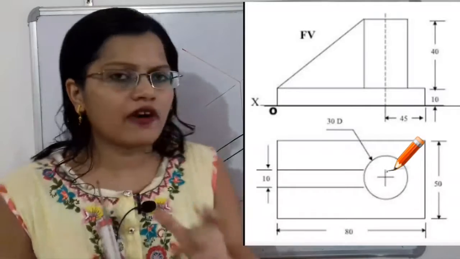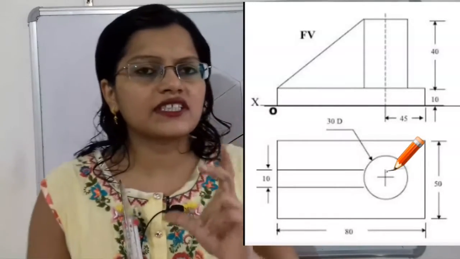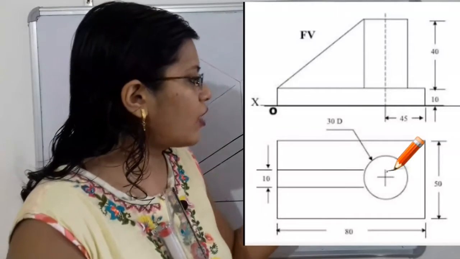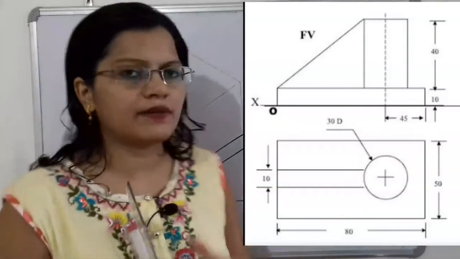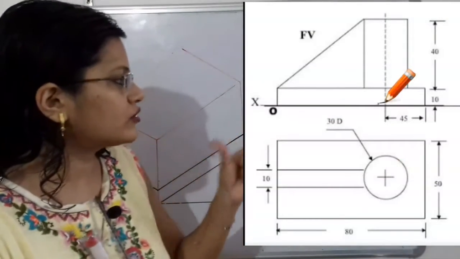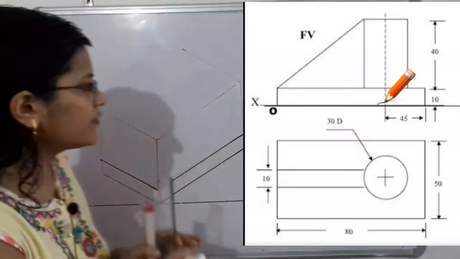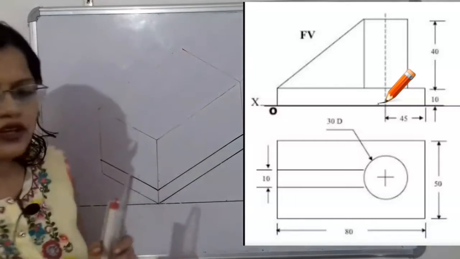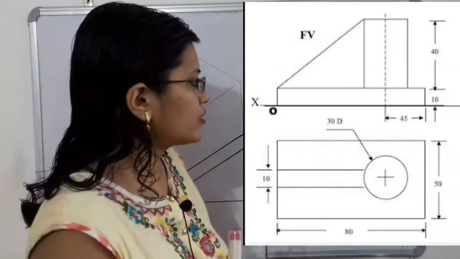So let us first decide the location for the center for that circle. So how to decide? If we observe, this total length is given, that is 80 millimeter, and the location of center is given in the front view, that is 45 millimeter from this side, that is from the right hand side. So now we will take the distance equal to 45 millimeter.